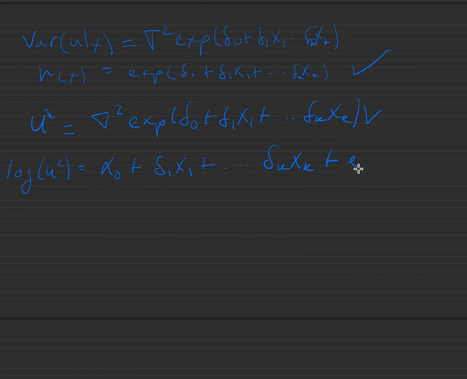Because e is independent of the x and has mean of 0, the Gauss-Markov assumptions are satisfied, so we can get unbiased estimates of these coefficients using an OLS regression of the log of u squared on these variables. What we'll do is regress log of ui squared hat on x1i through xki.